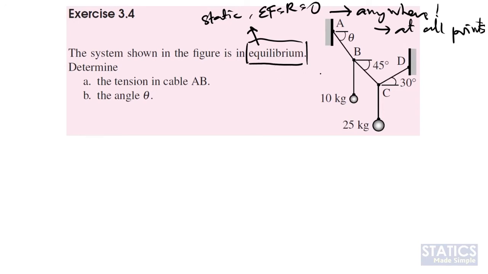You cannot have a system in equilibrium whereby one part is not moving and the other part is moving. That means the system is not in equilibrium. When we say the system is in equilibrium, all points on the system will not move, or will be in static condition. In order for it to not move, the summation of force at any point should be equal to 0, or the resultant at any point should be equal to 0.